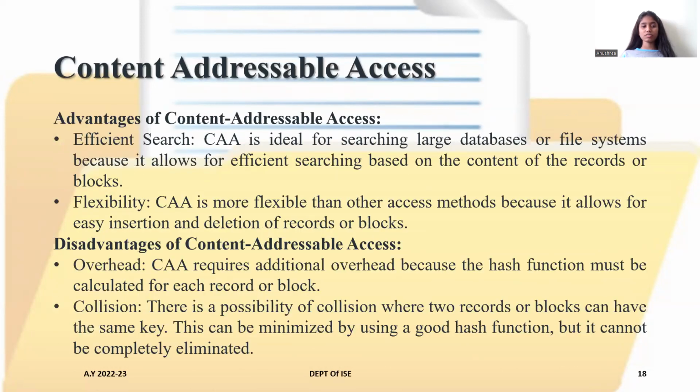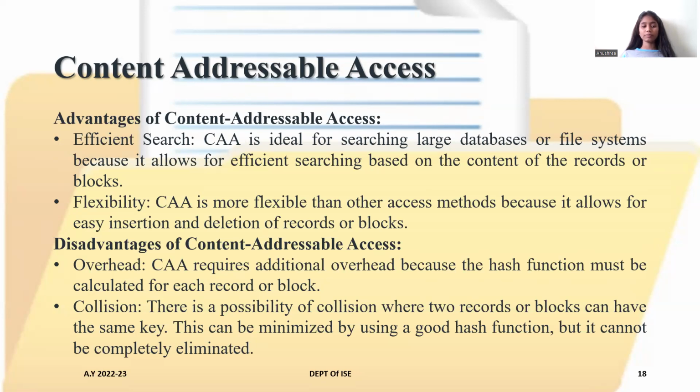Advantages are efficient search. CAA is ideal for searching large databases or file systems because it allows for efficient searching based on the content of the records or blocks. Flexibility: CAA is more flexible than other methods because it allows for easy insertion and deletion of records or blocks.